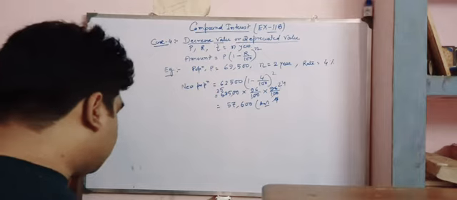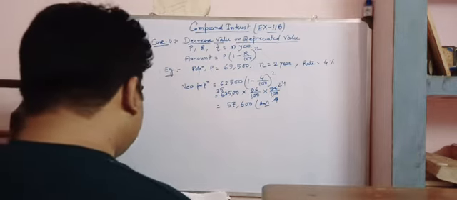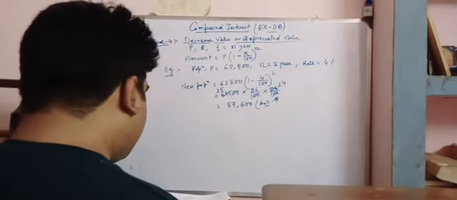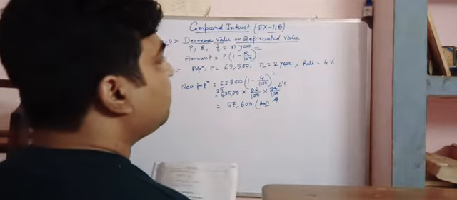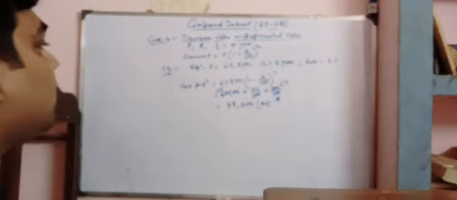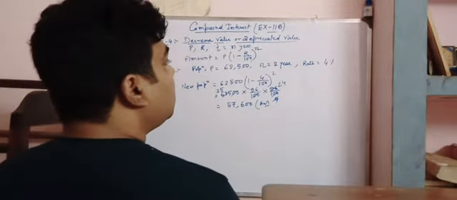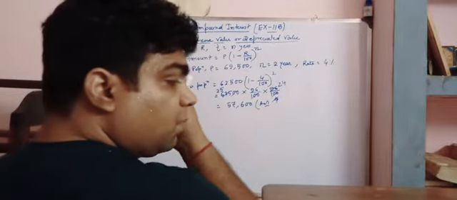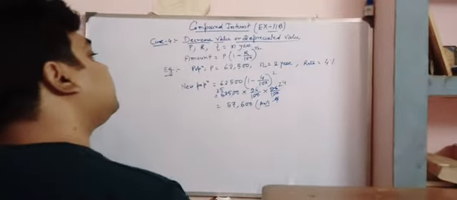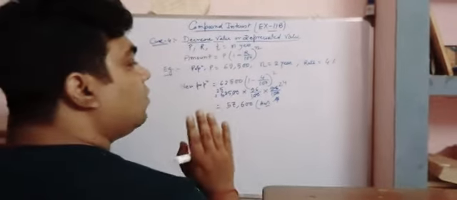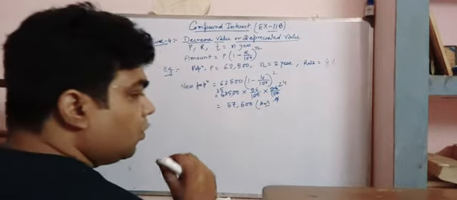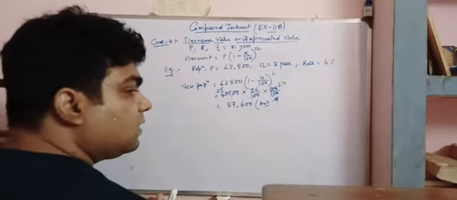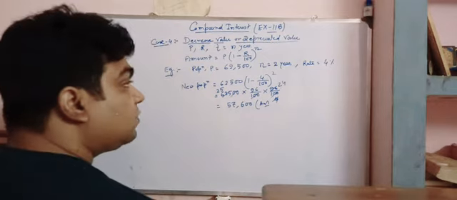The first problem says: using the formula, find the amount and the compound interest. Only by using the formula. In the previous exercise, we were not suggested to apply the formula of compound interest, but for this exercise we can only use the formula. That's what we have to remember.